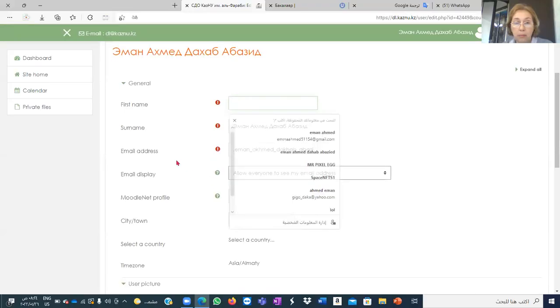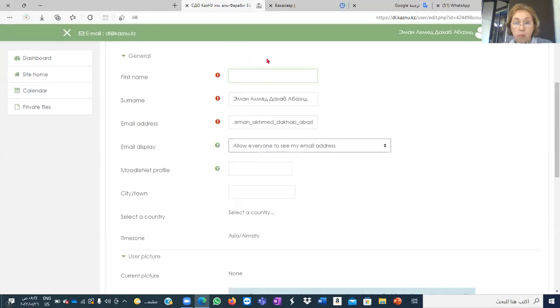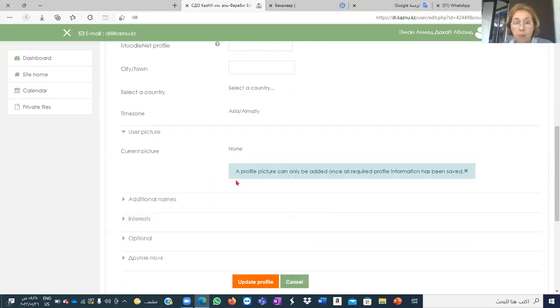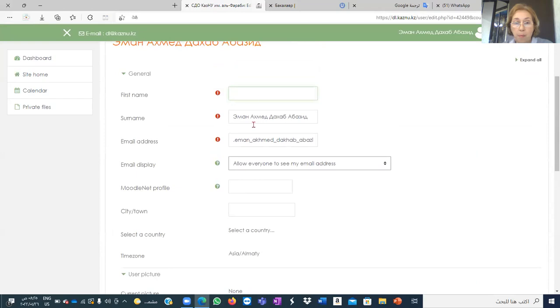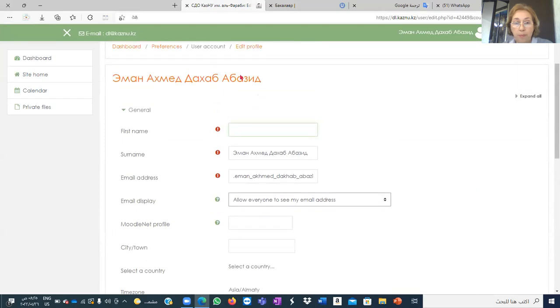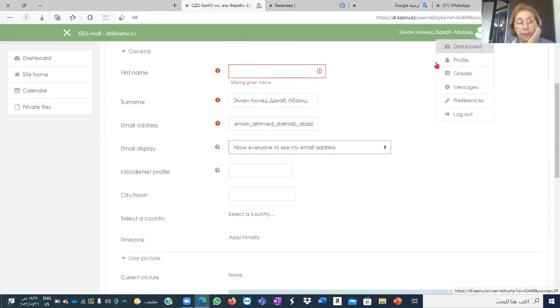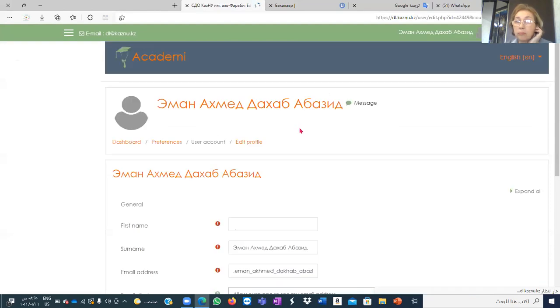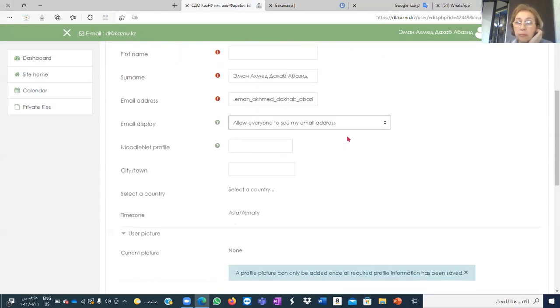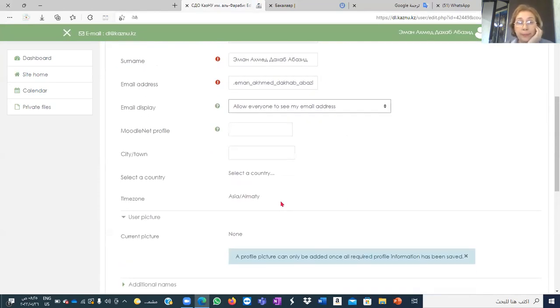You can share. Okay. This is the problem. I type my information here, and it still doesn't work. And I press here, and there is no information. What can I do?